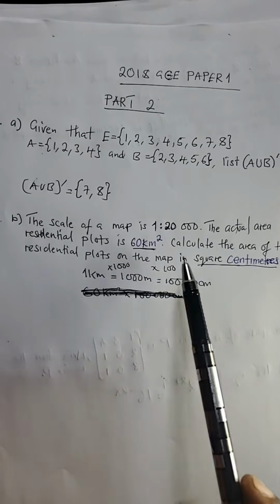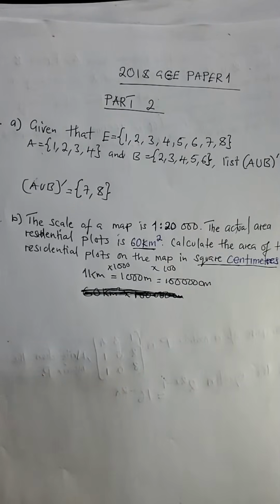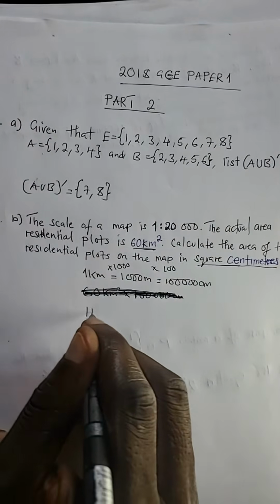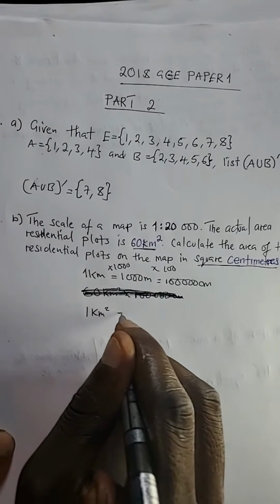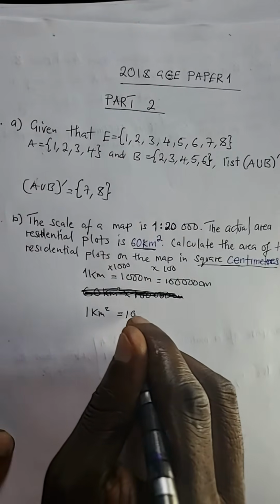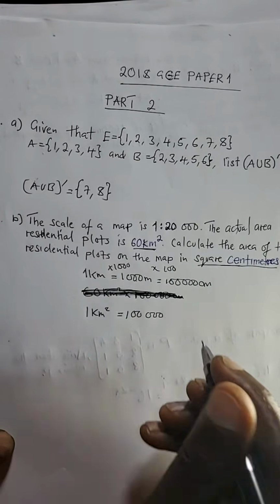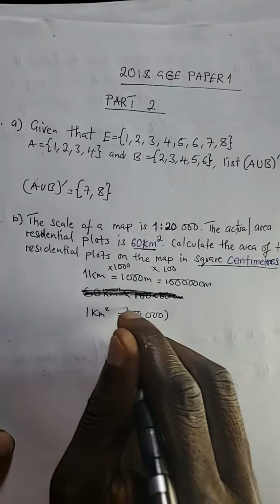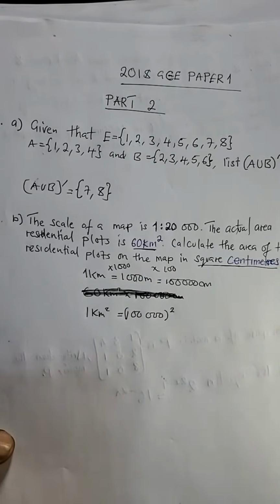Now we need area. Therefore, what we're going to do here is say 1 kilometer squared is equivalent to 100,000 squared. Okay, so this one will be squared.